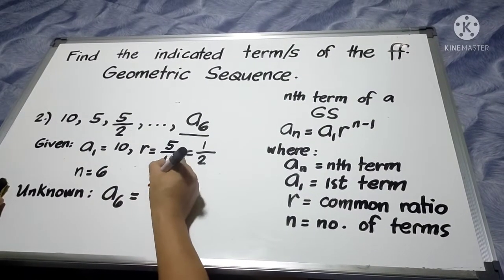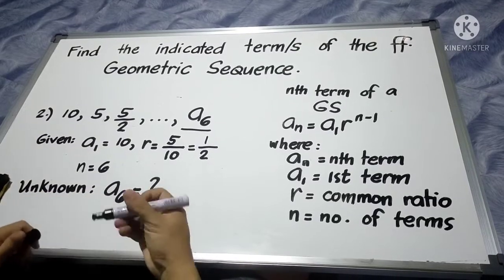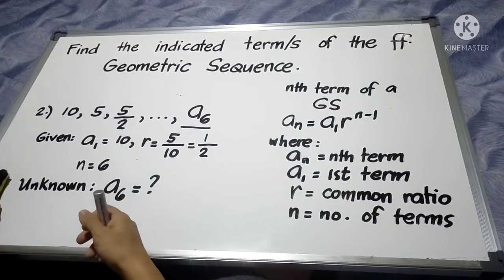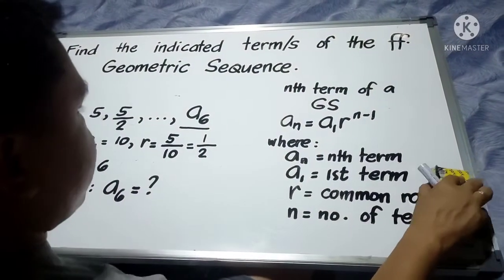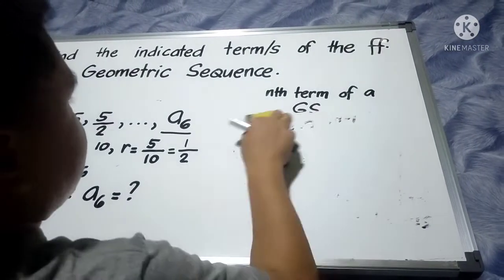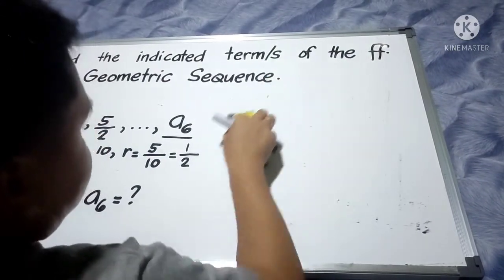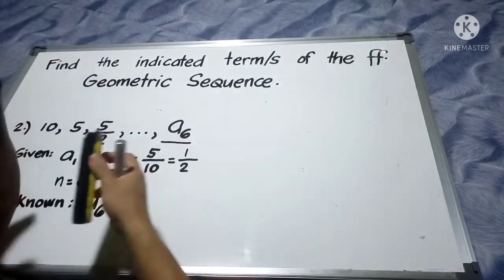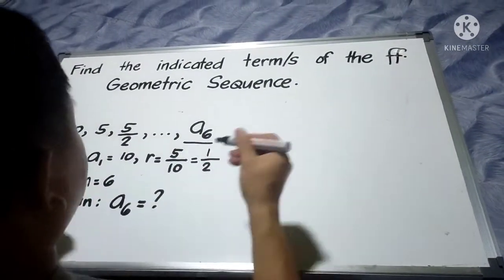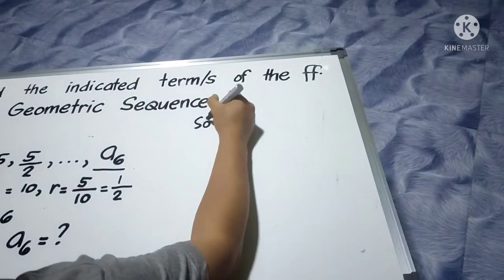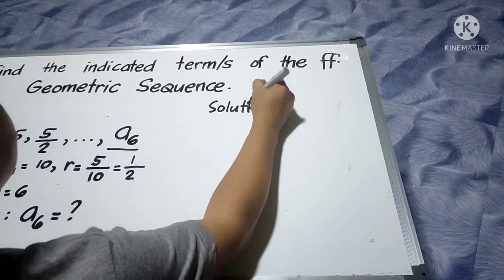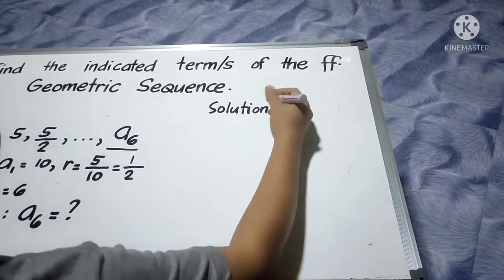So this is our unknown. And to solve, allow me to erase the formula on this side of the board, and I'll be writing here the solution. So for your solution, you always start with the formula.